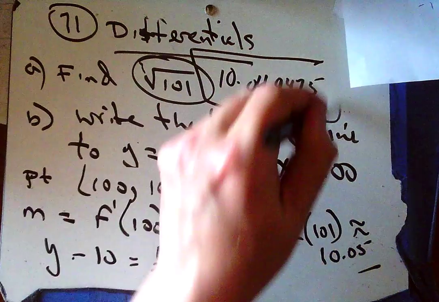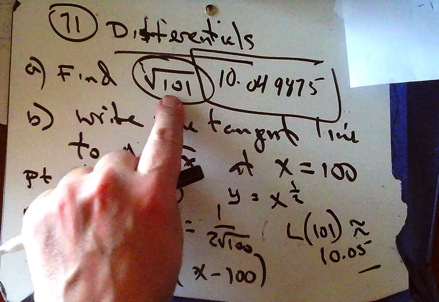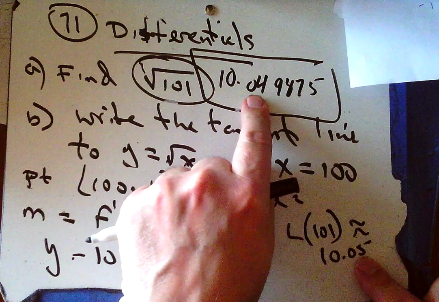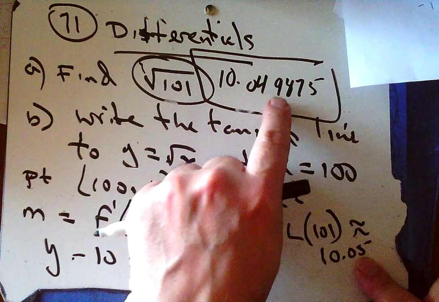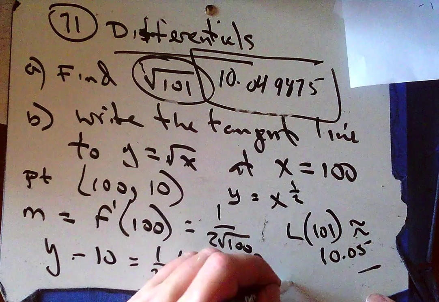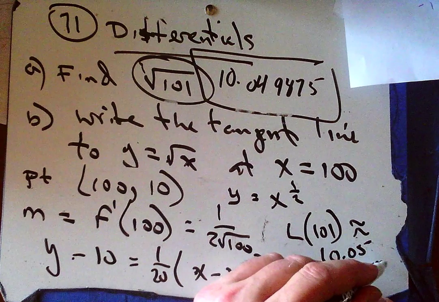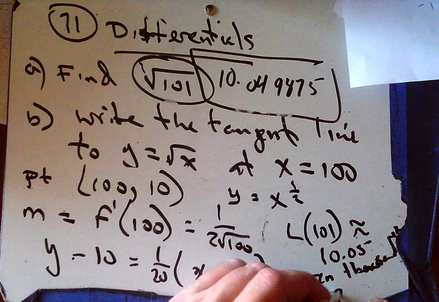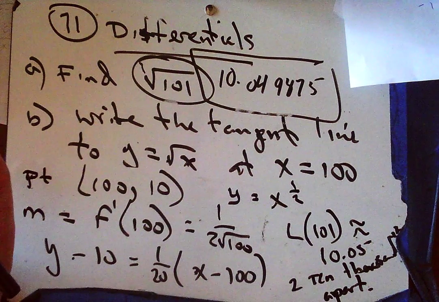And we computed this to be the actual value of the square root of 101. Now, let's take a look at this. Tenths, hundredths, thousandths, ten-thousandths, we're two ten-thousandths apart.